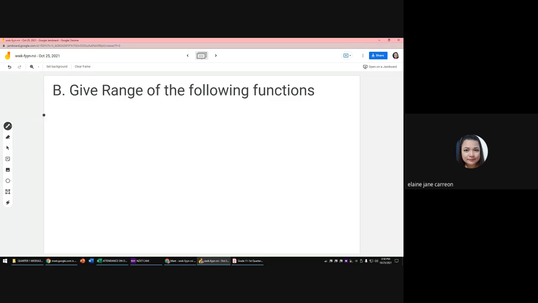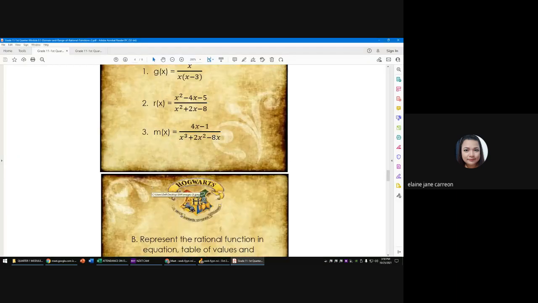Okay, let's have number 1. Our number 1 is f of x is equal to x plus 5 over x minus 1. Let me check if what I wrote is correct. Tama.